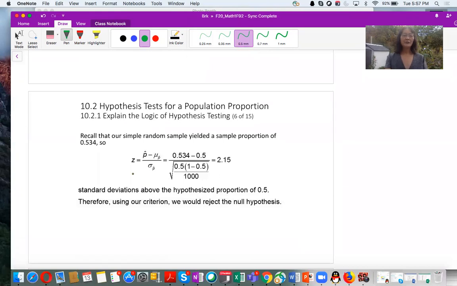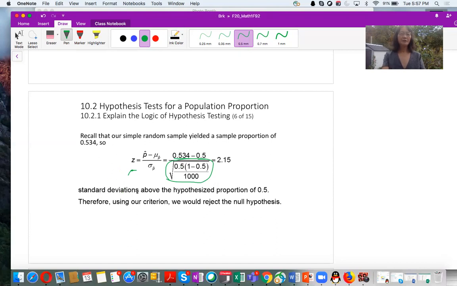This is the formula to do the calculation. We need to calculate the Z value. By definition, Z equals the sample proportion p-hat, in our example 0.534, minus the population proportion, divided by the population standard deviation. Our Z value is 2.15.